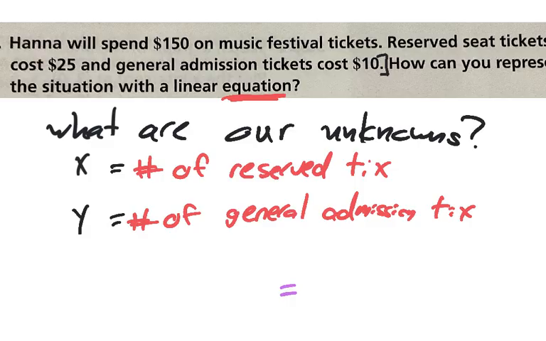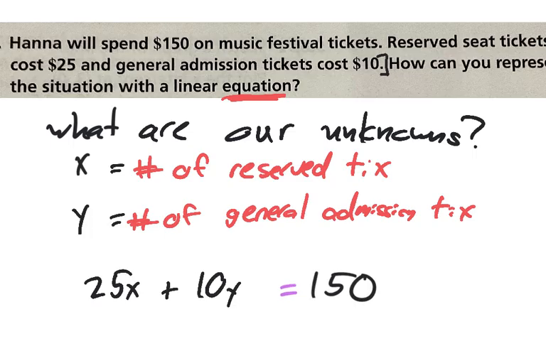Now can you take all of this and put it into an equation, maybe? Here it is. 25x plus 10y equals 150. Think about what each term represents. This is the cost of a reserve ticket times the number of reserve tickets that I got.